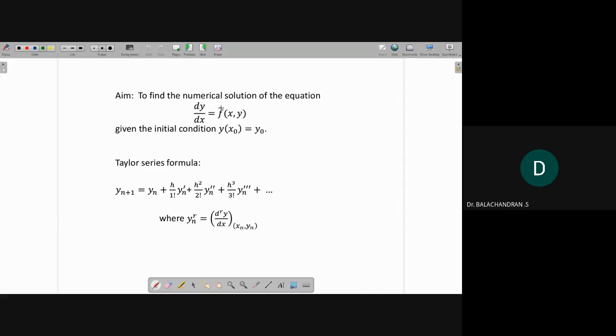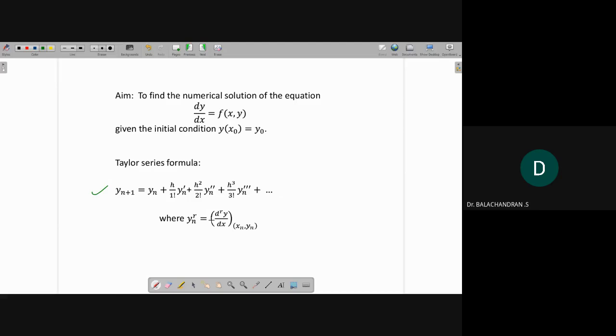To find the numerical solution of the equation dy by dx is equal to a function of x comma y, given the initial condition y of x naught equal to y naught, this is the Taylor series formula: Yn plus 1 equal to Yn plus h by 1 factorial into Yn dash, that is the derivative of Yn, plus h square by 2 factorial into Yn double dash plus h cube by 3 factorial into Yn triple dash, and so on.